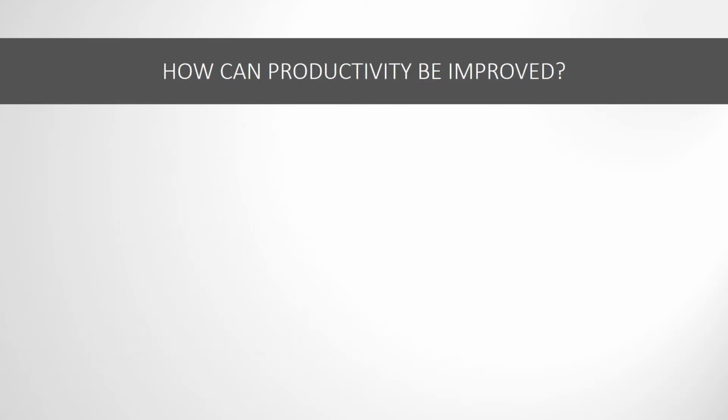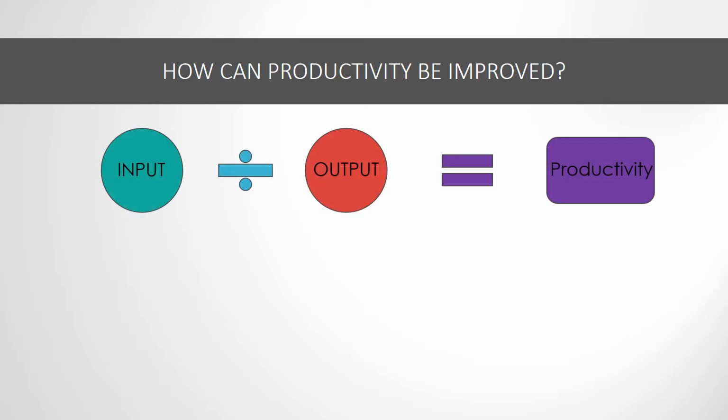Back to our main question. If we understand this basic relationship of input to output, we can conclude that there are but three ways to improve productivity. Firstly, if we decrease input and hold the amount of output at a constant, such as decreasing wages but producing the same amount of products.